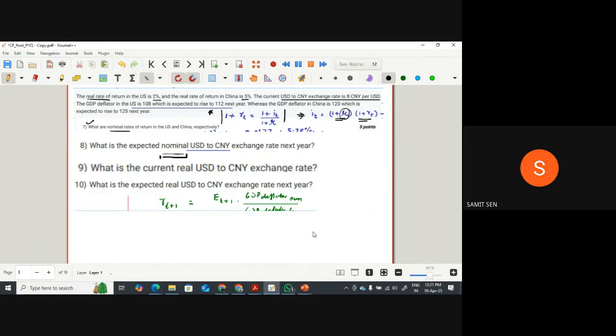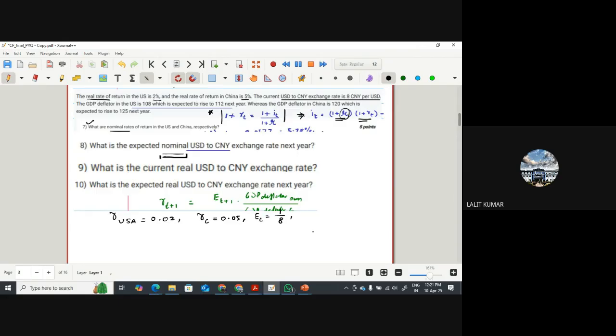Yes, sir. Okay, so what are the important things which they have given? They have given the real rate of USA. The R USA is 0.02. R in China is equal to 0.05. The current USD to Chinese exchange rate is 8 CNY. It means if we consider from China to USA, then it is 1 by 8 exchange rate of China per USD.